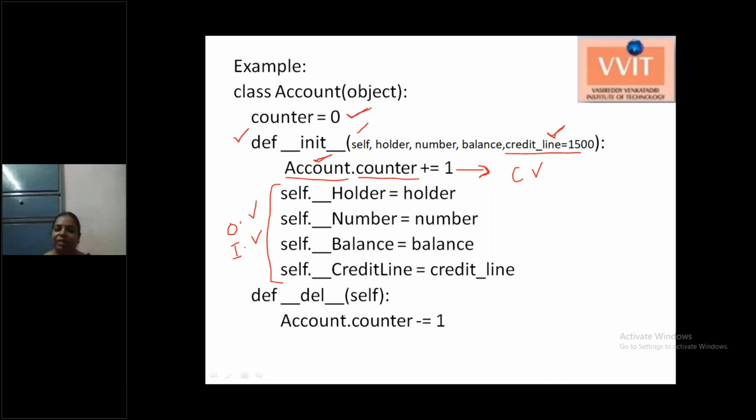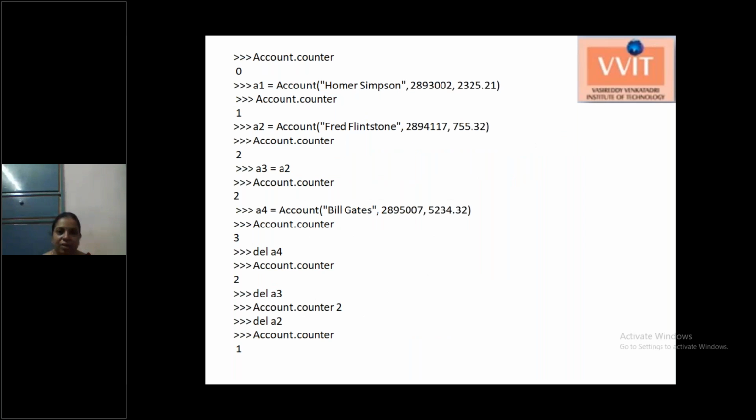Here I am assigning that whenever you delete an object, the counter value is decreased. So whenever 3 objects are active, the counter value is 3. Whenever you remove one object, it automatically decreases the count and shows 2. So counter is a class variable and the remaining 4 are object variables or instance variables.